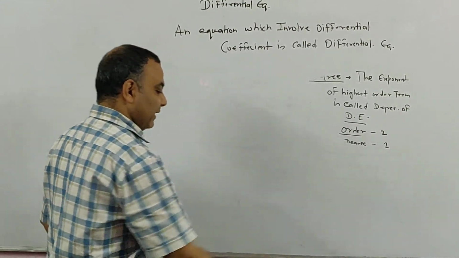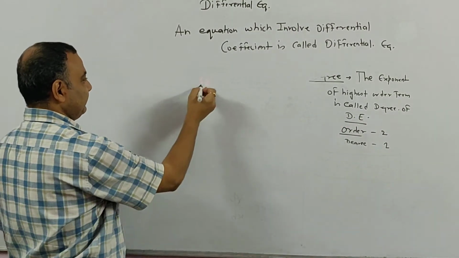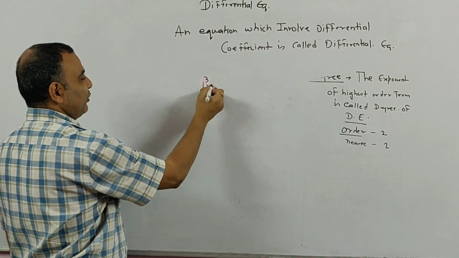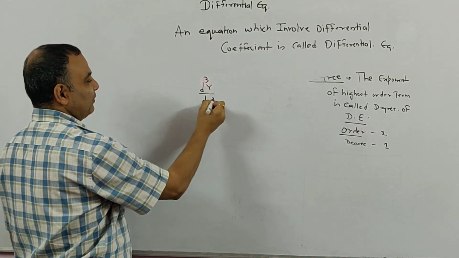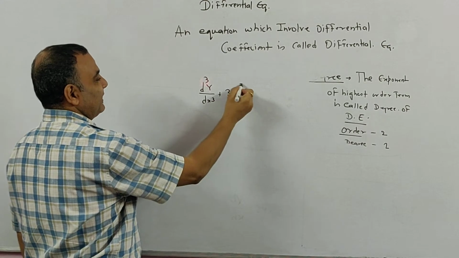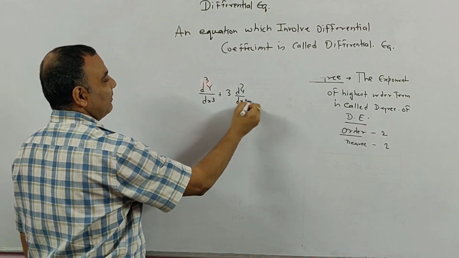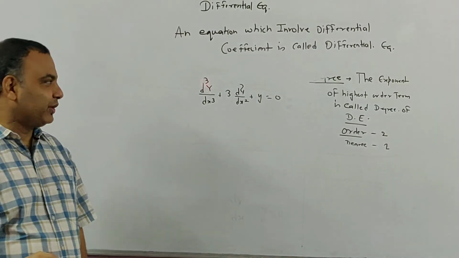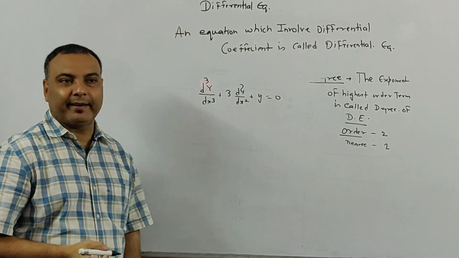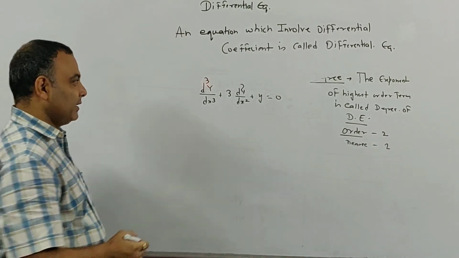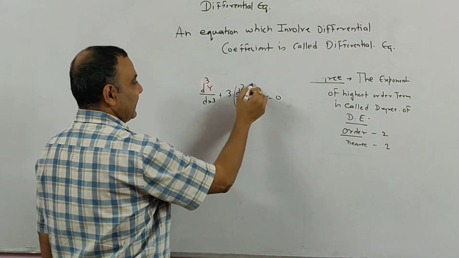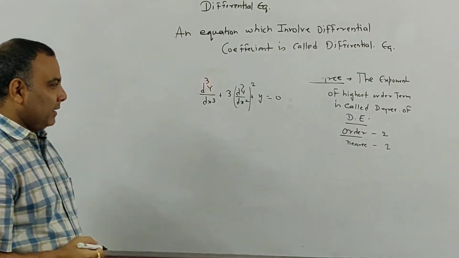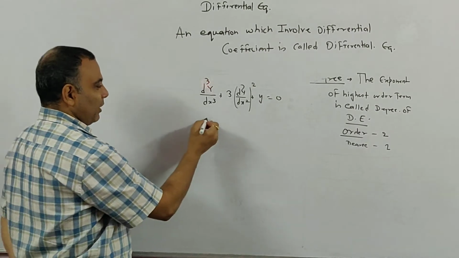Suppose I have one example like d cube y over dx cube plus 3 d square y over dx square plus y is equal to 0. Now we have to answer what the order and degree of this differential equation are.